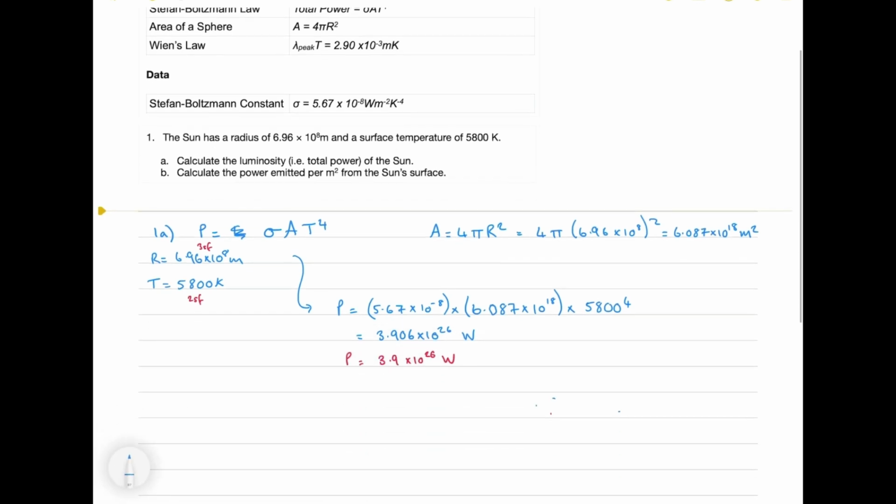Part B, we are looking at the power emitted per meter squared. So we're going to take the total power and divide through by the area to find per meter squared. So you cancel out. Or you could say, area equals 1 meter squared and pop that in. That's the same thing.